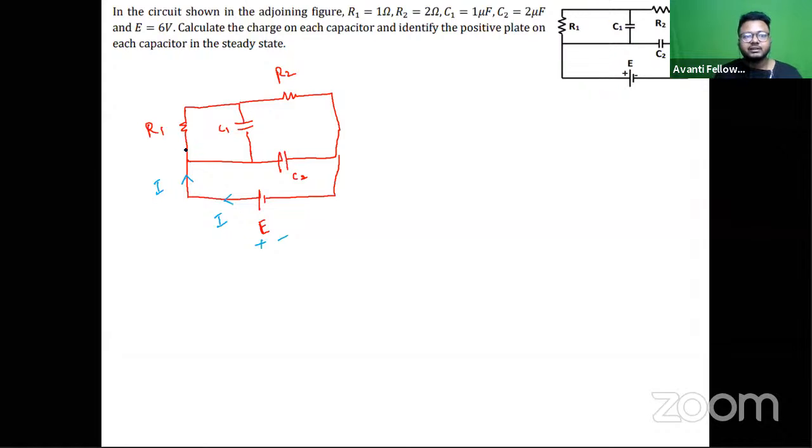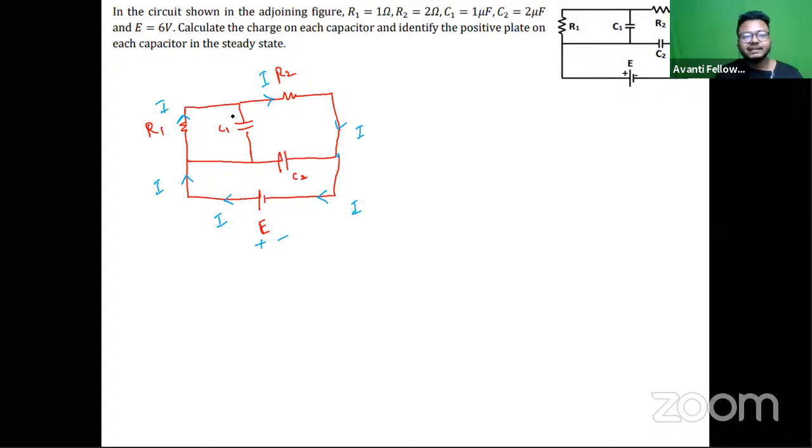Am I correct? Now there is no resistance over here, no resistance here, so here also the current goes out, and then the current comes back. So I have told that this is negative, this is positive. So I have divided the current with respect to myself.